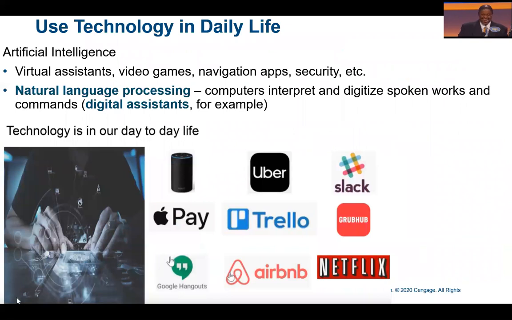Now, artificial intelligence virtual assistants provide video games, navigation apps, and security. Natural language processing is where computers interpret and digitalize spoken words and commands. And digital assistance, for example, is being utilized by Apple Pay, Twilio, Netflix, Airbnb, and many more.